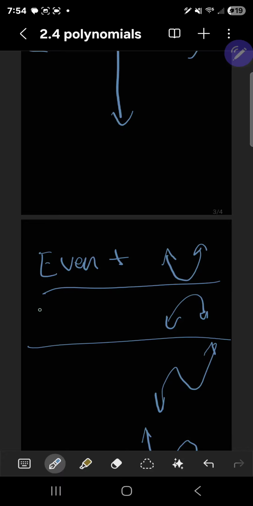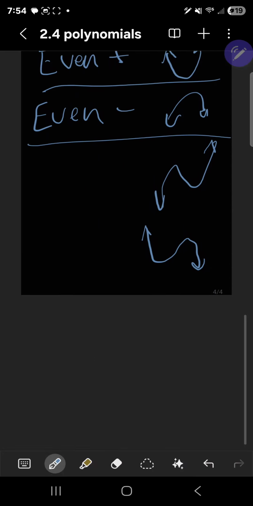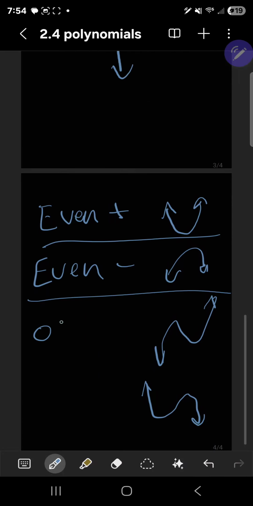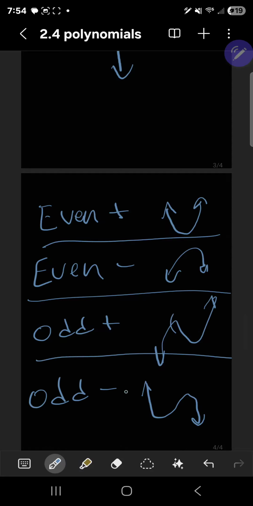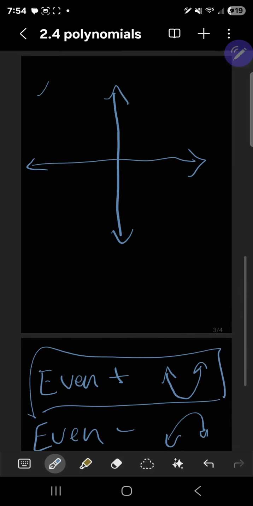Even with a negative in front of it, it's this one. Odd with a positive, it's that one. And odd with a negative, it's this one. So it's going to be this one because it's a 4 and it's positive in front of it. So we know that it's going to start going like this and end going like this.